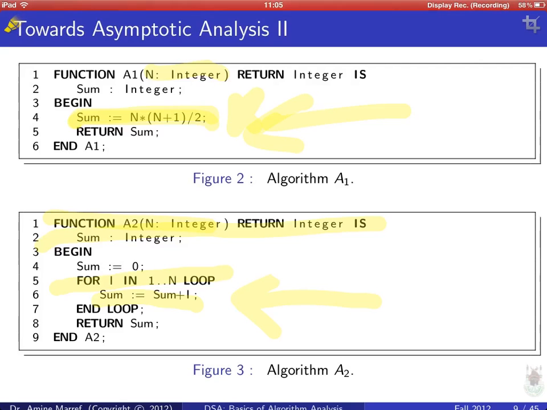For the second, the execution time is changing with respect to the value n, so n becomes the x, alpha 2 becomes the A, and beta 2 becomes the B in this equation.